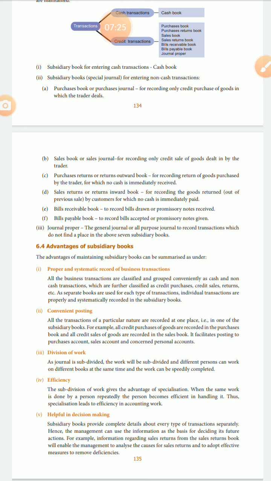Bills payable book records all promissory notes given. Journal proper is for recording transactions which do not find a place in the above seven subsidiary books.